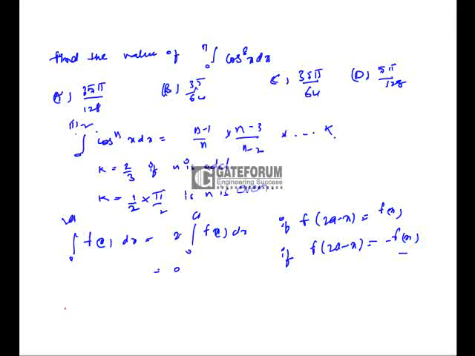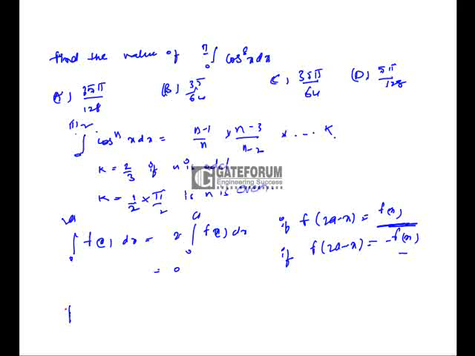So here 2a is pi. So f of 2a minus x is cos of (pi minus x) whole power 8. So cos of (pi minus x) is minus cos x. As power is even, it is (minus cos x) whole power 8, which is cos power 8x. So here f of 2a minus x is equal to f of x.